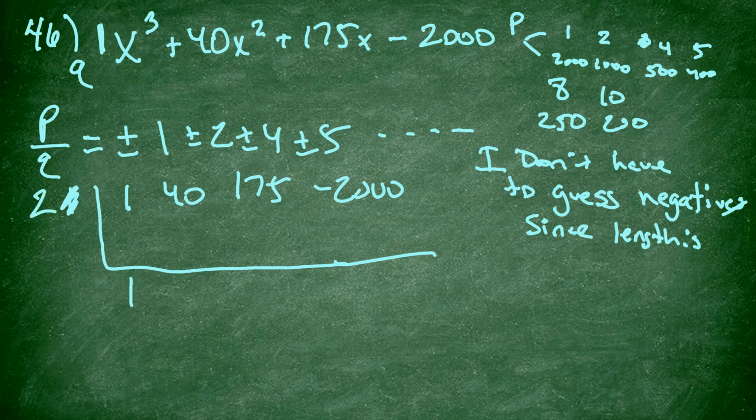I get 2 times 1 is 2. 42, I get 84. I get 259. And 259 times 2 is going to be 518. That's not enough. So now I need a different number.